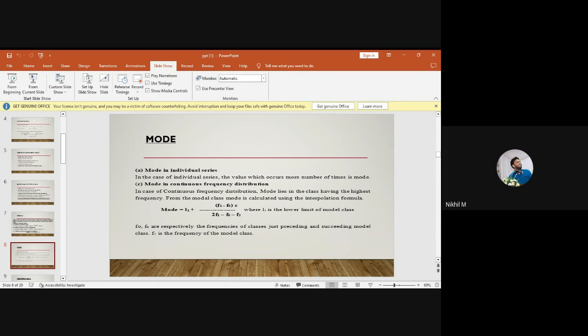In a continuous series, mode is equal to L1 plus (F1 minus F0) divided by (2F1 minus F0 minus F2), into C. Here L1 is the lower limit of the modal class, and F0 and F2 are the frequencies of the classes just preceding and succeeding the modal class. F1 is the frequency of the modal class.